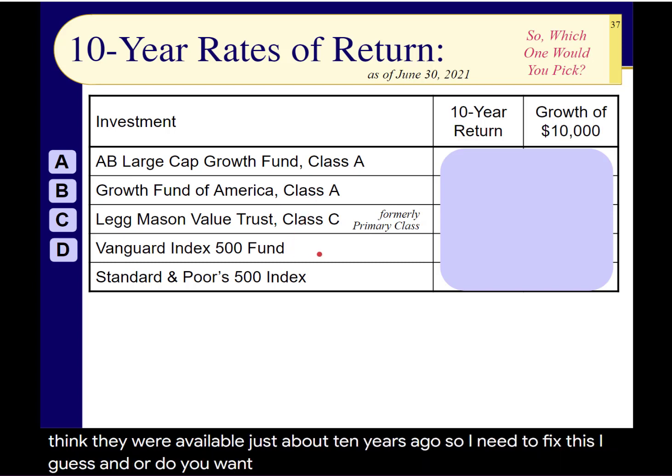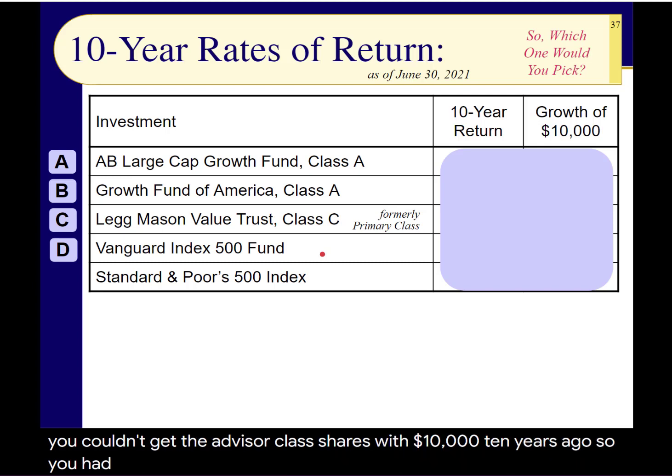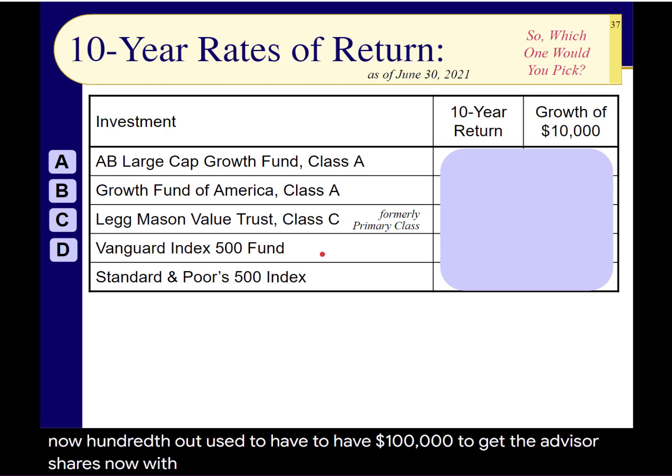Or do you want to go with the Index 500? You couldn't get the advisor class shares with $10,000 10 years ago, so you had to go with the investor class shares, which they've gotten rid of now. You used to have to have $100,000 to get the advisor shares. Now with $3,000, you can get the Index 500 shares.